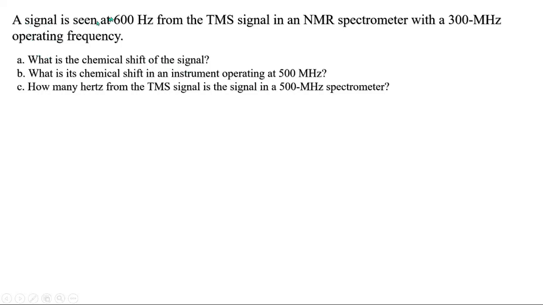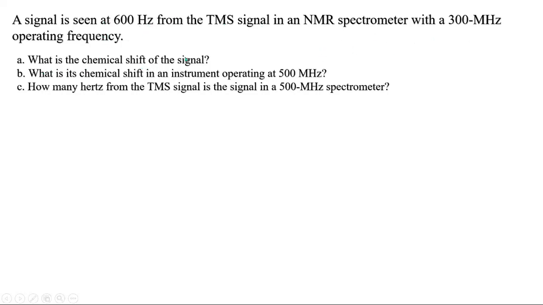A signal is seen at 600. Before, we have seen how to calculate from ppm to hertz. This signal is seen at 600 hertz from the TMS signal in an NMR spectrometer with 300 megahertz operating frequency. So 300 megahertz means 1 ppm is 300 hertz, and 2 ppm is 600 hertz.